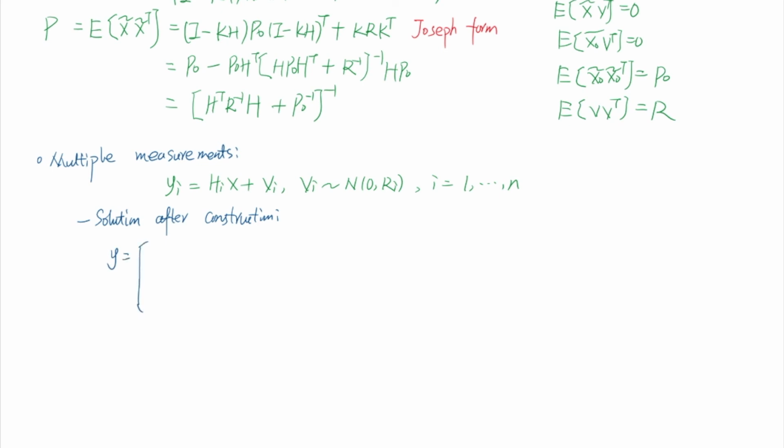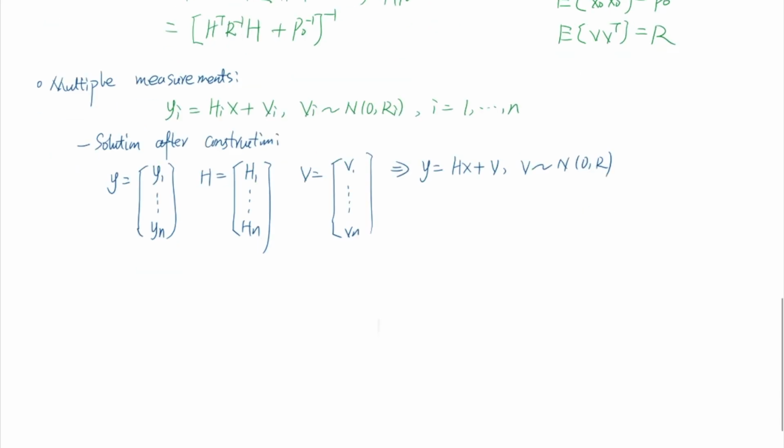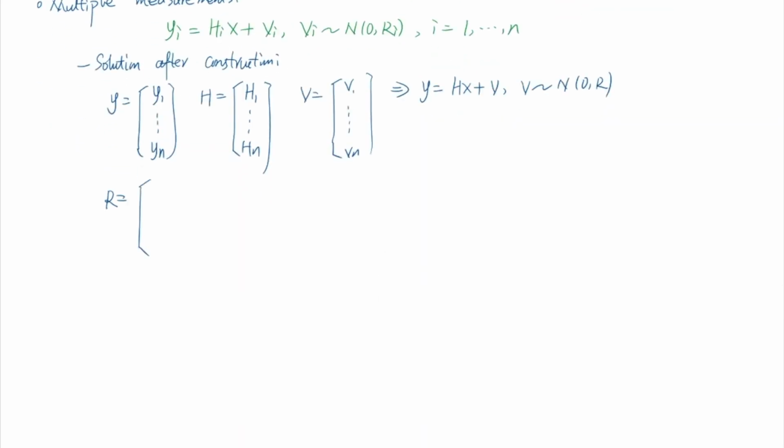The solution is that we can build a solution by construction. For example, we can construct a big y vector as y1 through yn, similarly H as H1 through Hn, and v as v1 through vn. And of course, in this case, we can write the system as y equal to Hx plus v, and v follows a normal distribution of 0, R, and R is just a diagonal matrix with all the R matrices R1 through Rn.